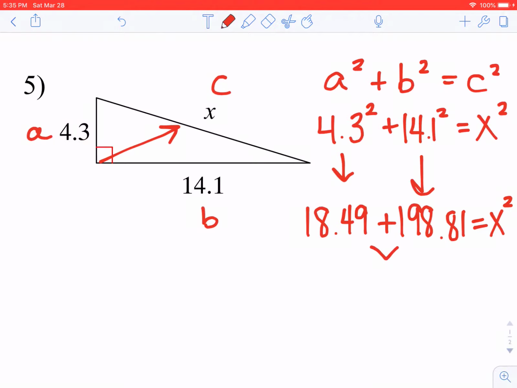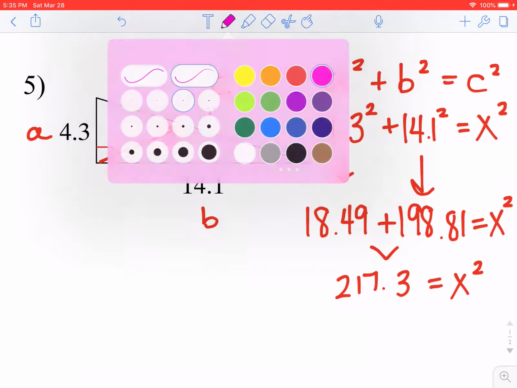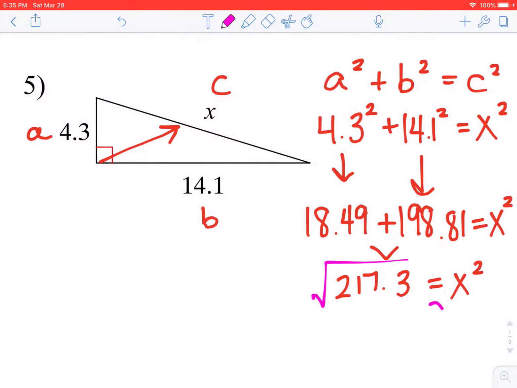I'm going to add these two numbers together. Here's what I'm getting in my calculator, 217.3 equals x squared. And last but not least, I'm going to take the square root of both sides. These cancel. I'm left with x.